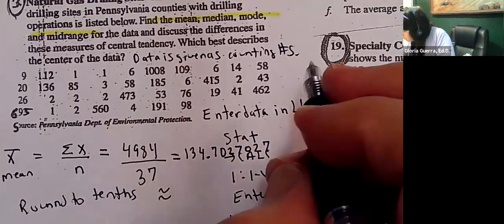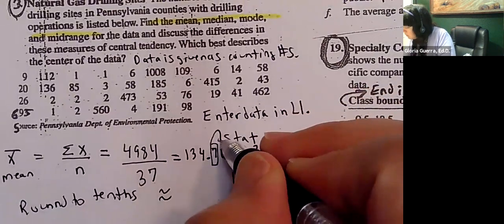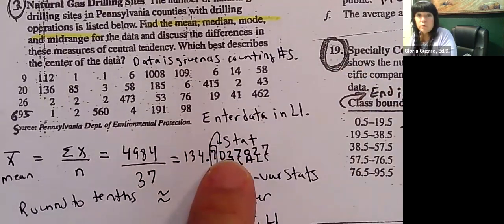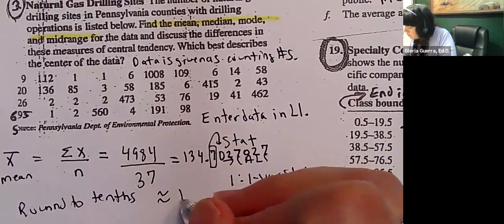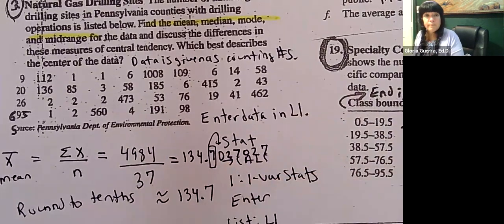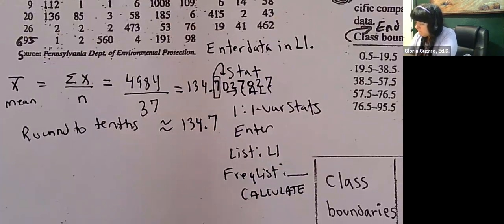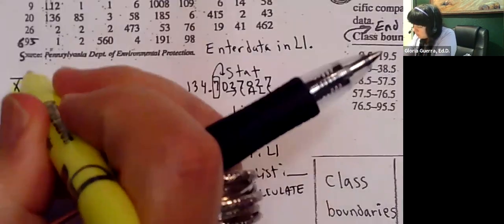And if I round to the tenths place, look at the number to the right. Is that 5 or more? No. So don't increase this. So it just looks like it's 134.7. That's for your mean.